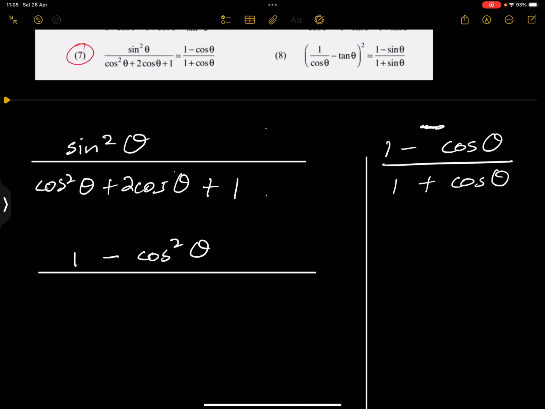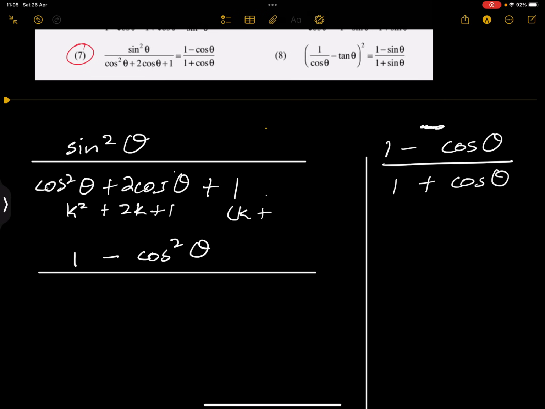Now, if I look at what I have at the bottom, that looks like something I can factorize. It looks like a quadratic expression. Think about it. If we said let cos theta be k, that would be k squared plus 2k plus 1. If I were to factorize that, how would I factorize it?